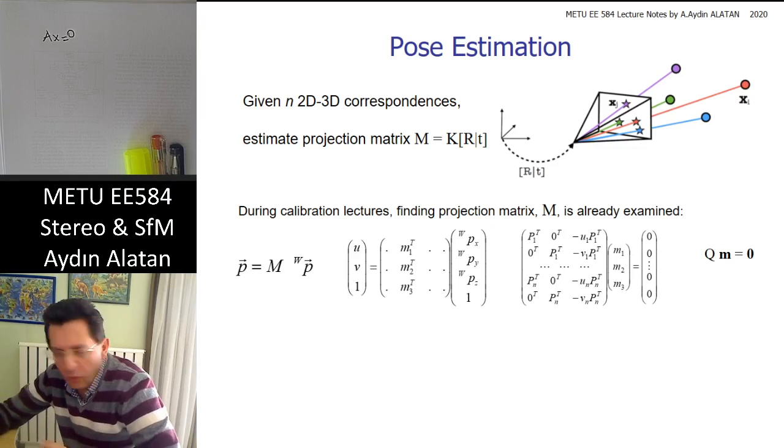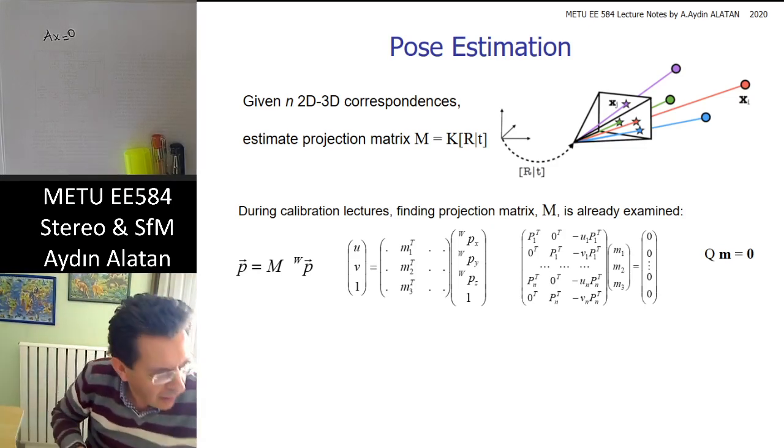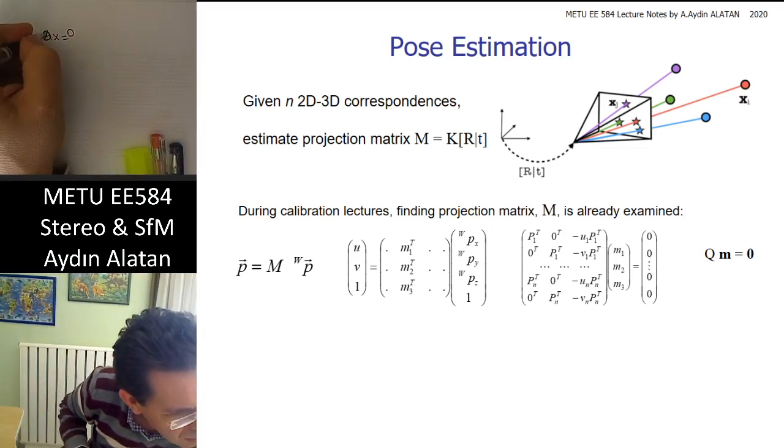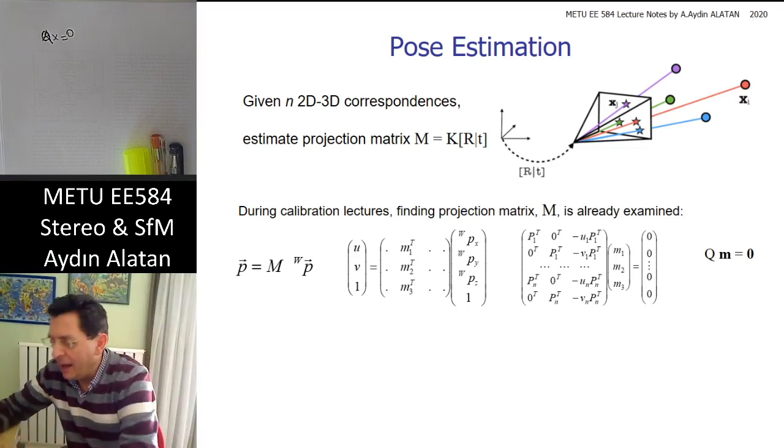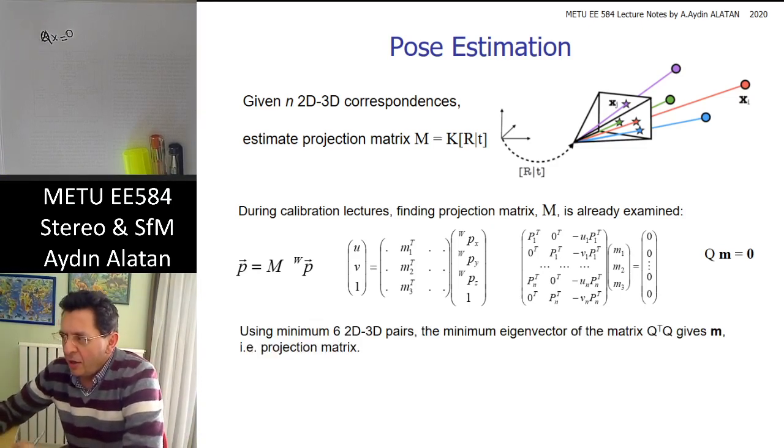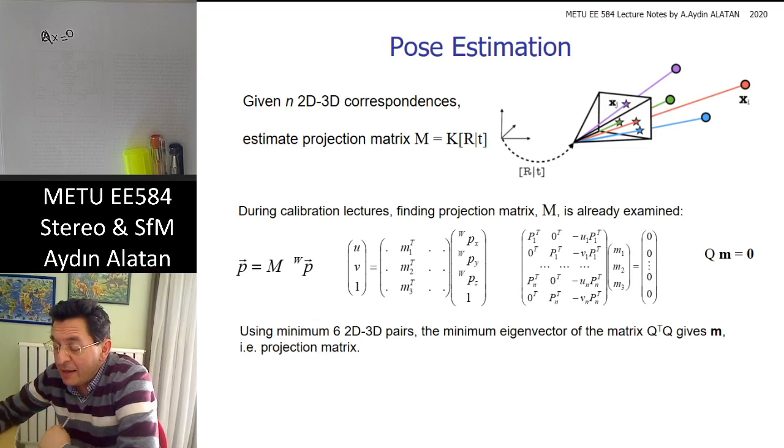Therefore, we have to solve it in a different way, or I call it Q of X. Okay, let's make it Q. Now, there are 12 equations. If you have 6 2D-3D pairs, each gives 2 equations, and you will have a solution for this M matrix.